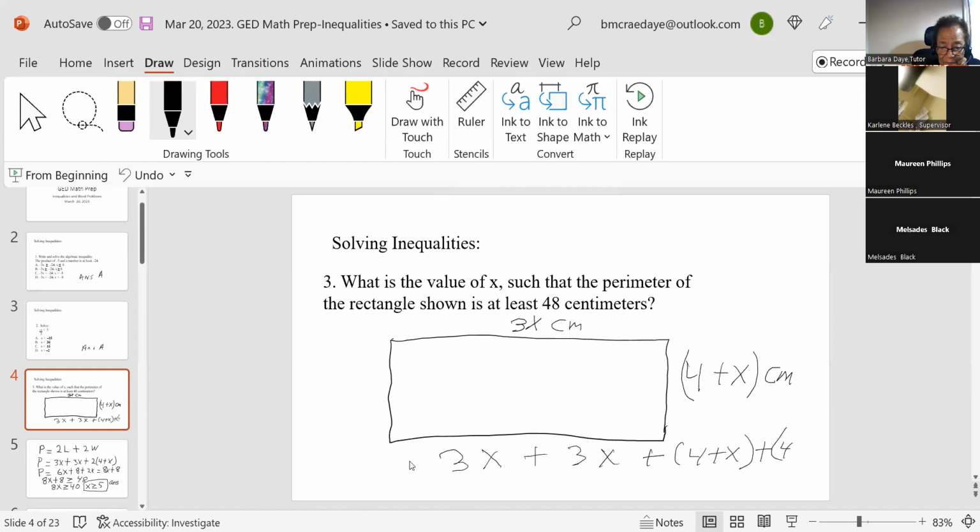So when you add all those up, you get what? No, that's not 14x. 3 plus 3 is 6, plus 4 is 10, plus 4. That's not an x, Maureen, that's a number.